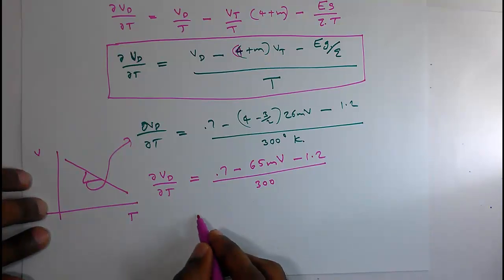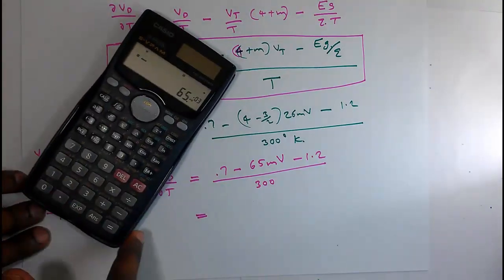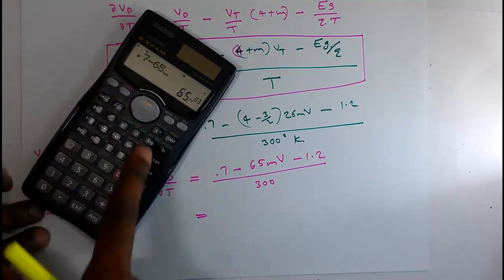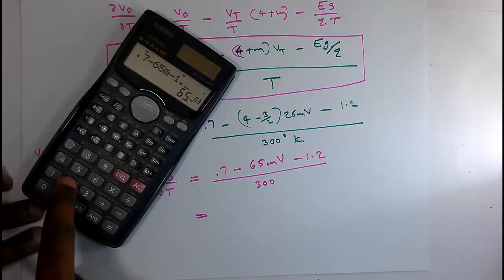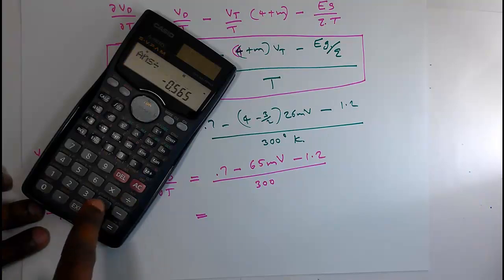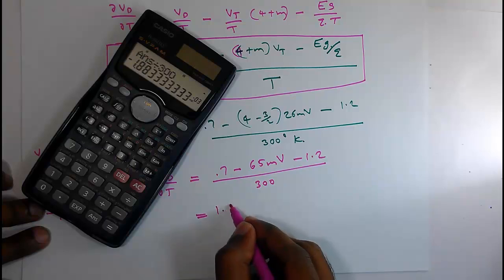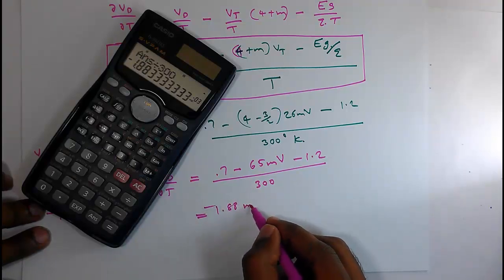So now we can calculate the approximate value: 0.7 minus 65 millivolt minus 1.2 divided by 300 equals minus 1.88 millivolt per degree Kelvin.